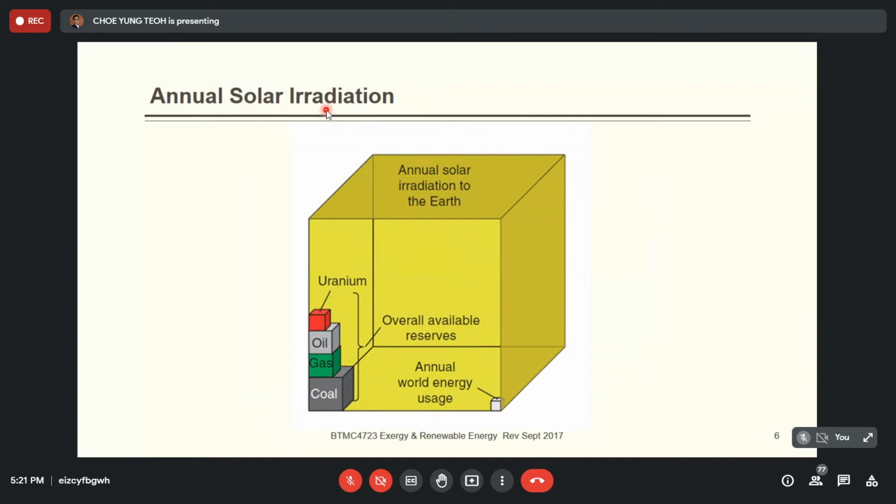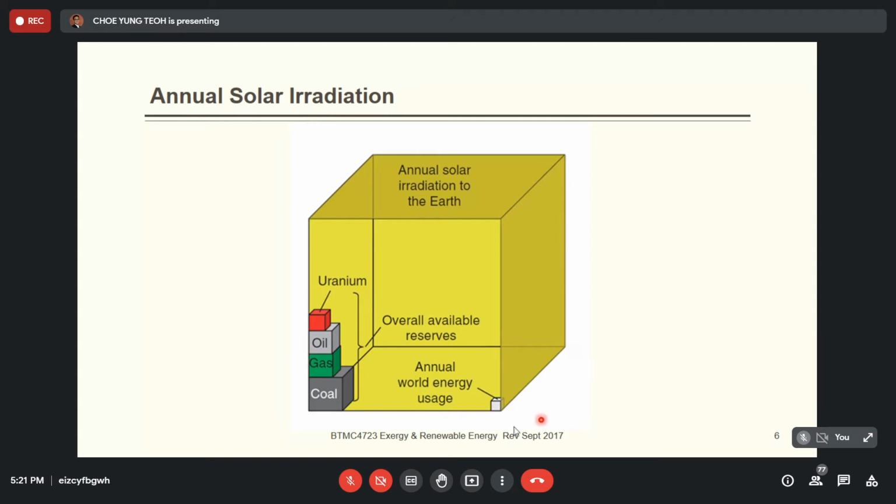When we talk about irradiation, it's about the energy, the total accumulated energy. And this is the annual solar irradiation. It means the total accumulated energy per year. So the unit should not be in watts anymore, it can be in joules, or maybe watt-hours.